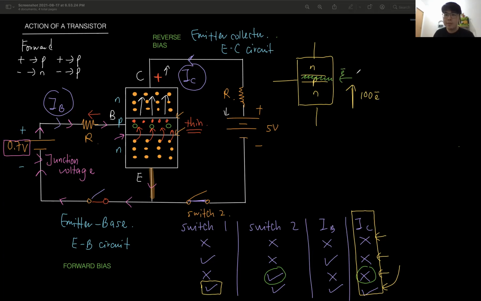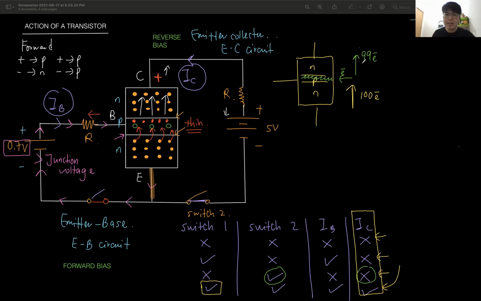What happened to the rest? The rest, the 99, can cross and they complete the circuit. So you always get more electron crosses and less electron that goes to the base. As a result, the current that flows out from the collector is always bigger than the current that flows in the base.